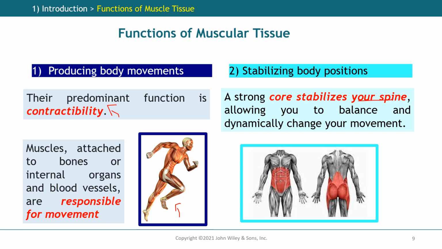So if you have good abs and good lower back muscles, you will not have pain and you are able to stand easily. But if you have an injury there, any movement will be different, and from balance to dynamically changing your movement, it will be difficult. So the second function is stabilizing the body position.